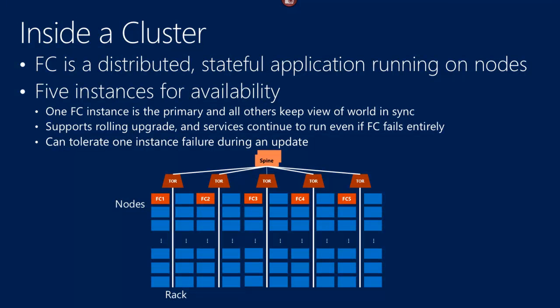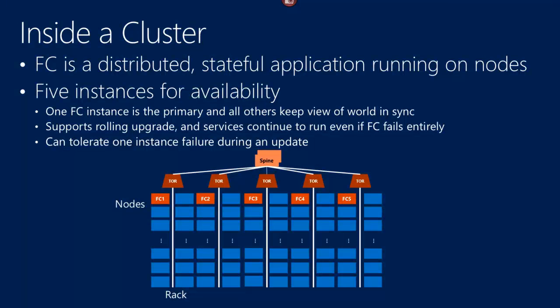It's a stateful app. We don't have support really in public API surface or application model for stateful Azure applications. It's a stateless model, meaning you push all your persistent data out to something like Windows Azure Storage or Windows Azure Database. But the Fabric Controller maintains the state of the data center, and so it is a stateful, replicated application.